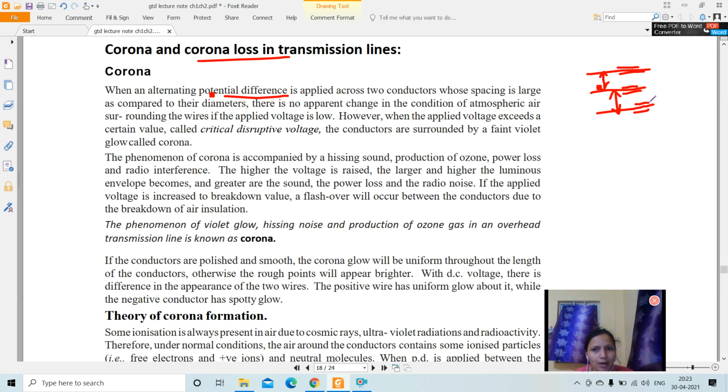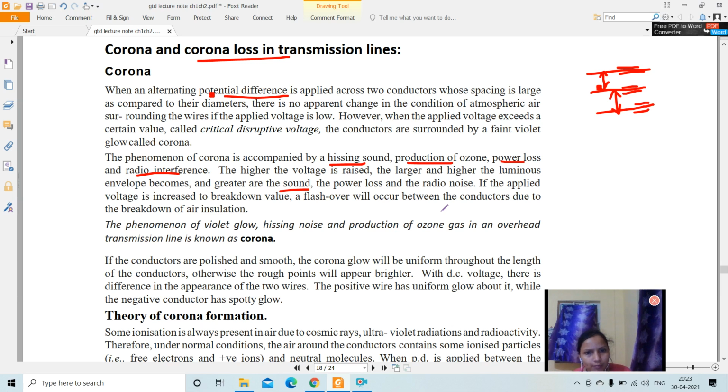So when the applied voltage exceeds a certain value called the critical disruptive voltage, then the conductors are surrounded by a faint glow called corona. The phenomenon of corona is accompanied by a hissing sound, production of ozone gas, power loss, radio interference, etc. The higher the voltage is raised, the larger and higher the luminous envelope becomes, and the greater the sound, the power loss and the radio noise.